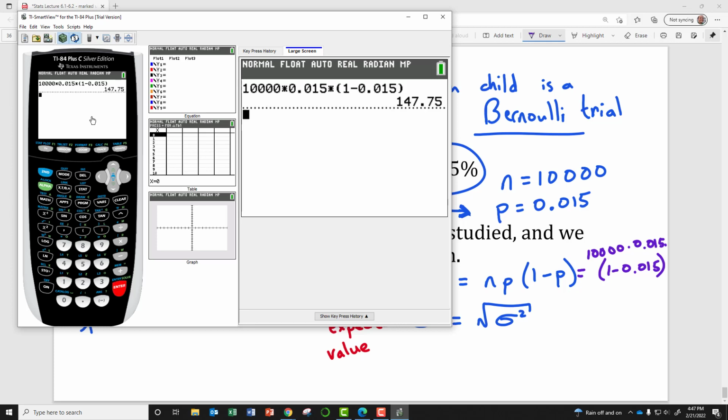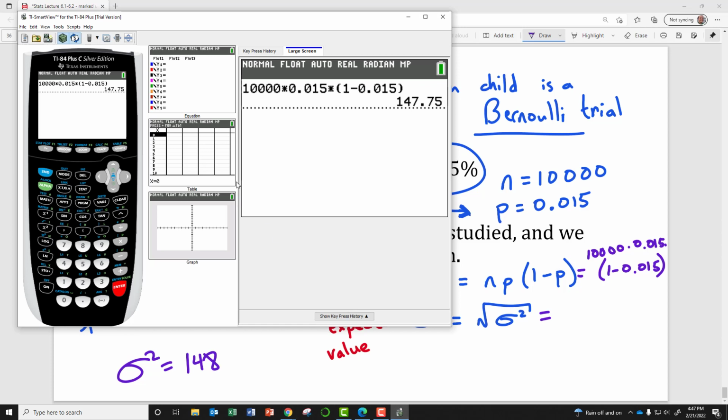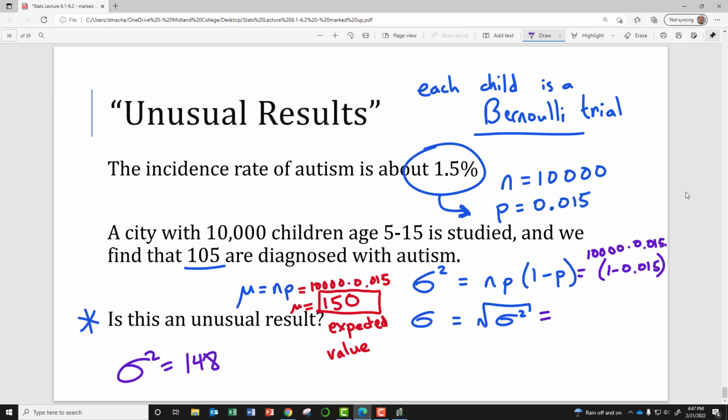This is my variance. The variance we found is 148. The standard deviation is the square root of the variance, so I can raise that answer to the power 0.5 to take the square root. My standard deviation is going to be 12.1 or 12.2.